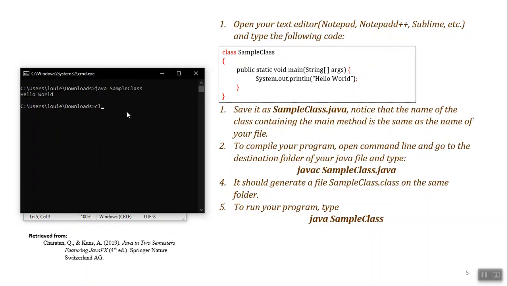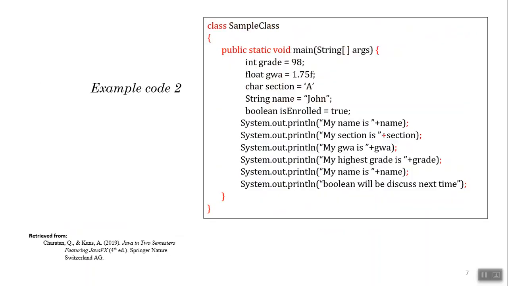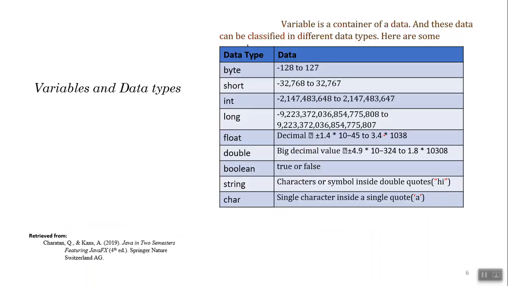Okay, so that's it. The next thing to do is we have here variables and data types. A variable is a container of data, just like what I said a while ago, and this data can be classified into different data types. Here are some data types. We have byte, negative 128 to 127.